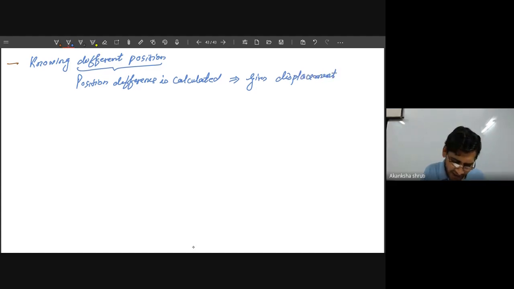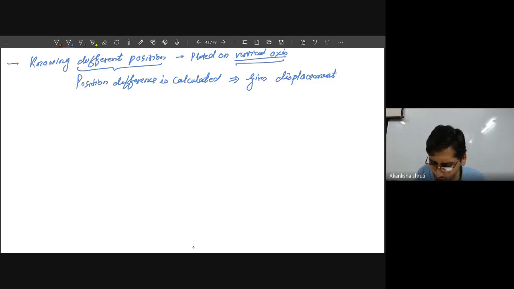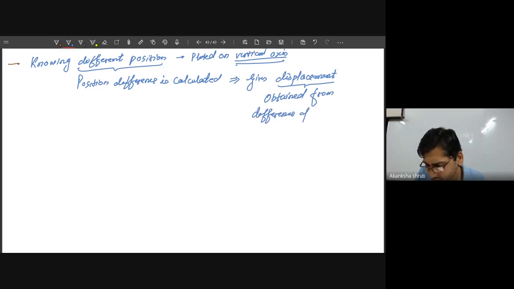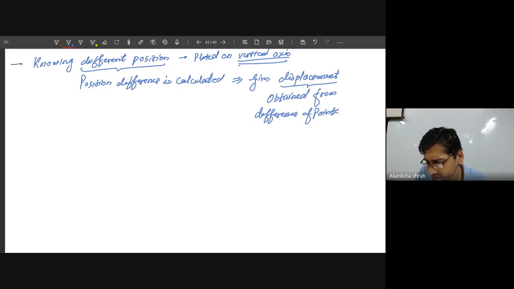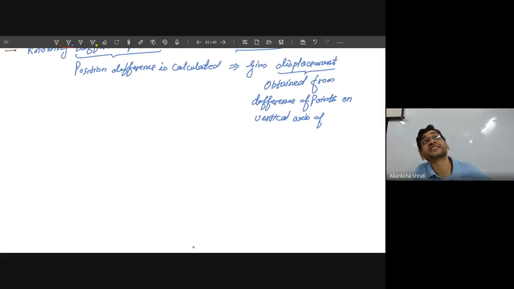And since this position is plotted on the vertical axis, so this displacement is obtained from the difference of points on the vertical axis of the xt graph.